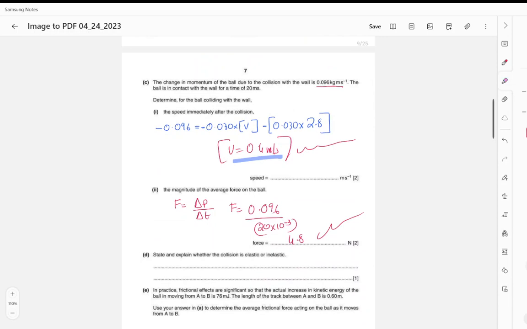We can use that. And that means the relative speed of approach is not equal to the relative speed of separation. So I'm just going to be writing this down. Not equal to.